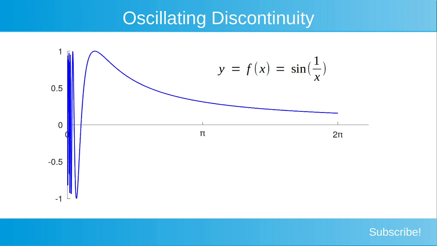It doesn't converge on any one particular value. So our right-hand limit at x is equal to 0 does not exist. So at our endpoint where x is equal to 0, we have a point of discontinuity. And this type of discontinuity is referred to as an oscillating discontinuity.